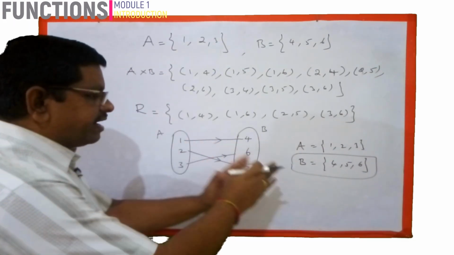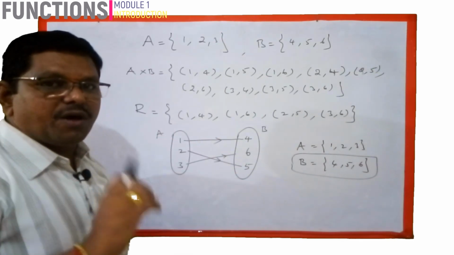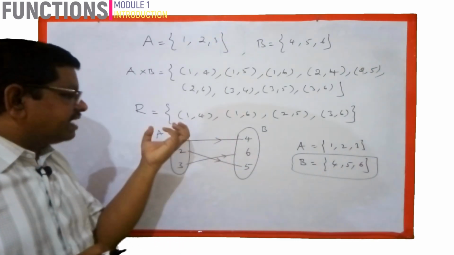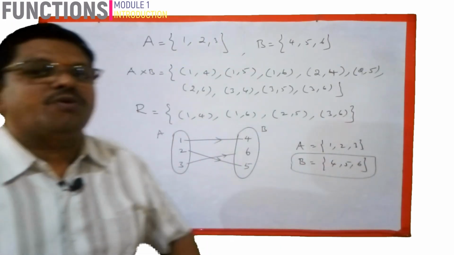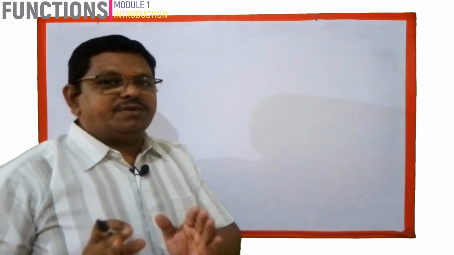Here codomain and range are equal. Now how can we call this relation a function? That is what we are going to discuss. Now let me take one relation R.